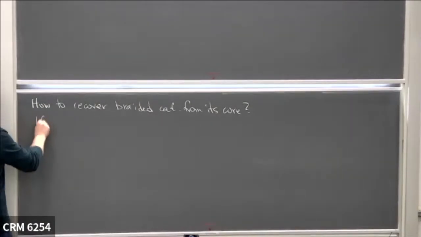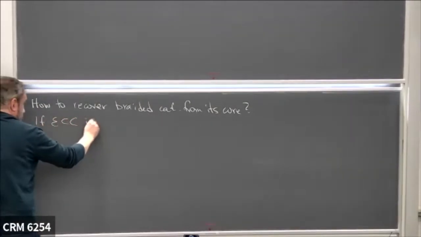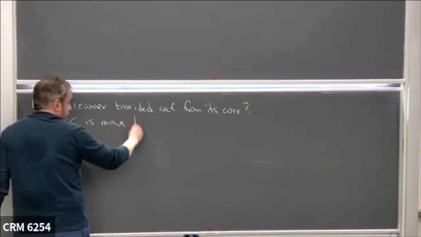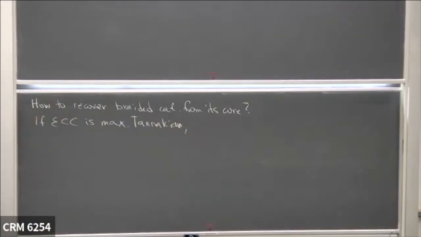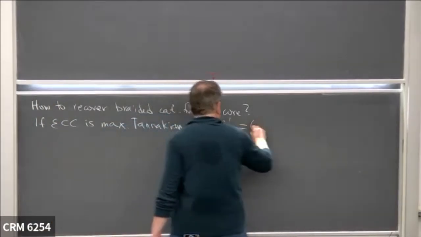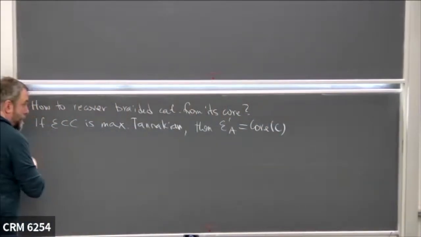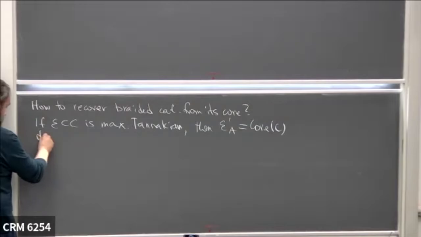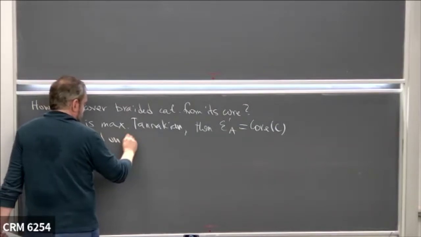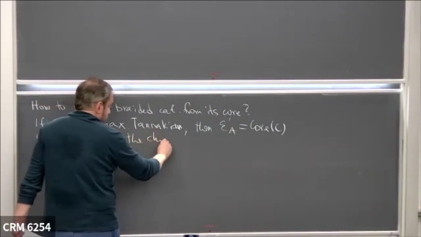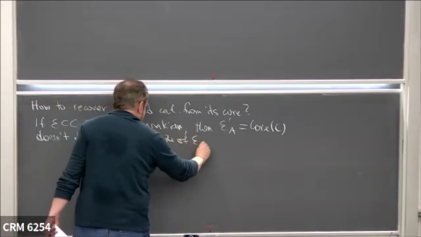If E inside C is maximal Tannakian, then E prime A, which we denote the core of C, is independent of the choice of E, so it doesn't depend on the choice of E.